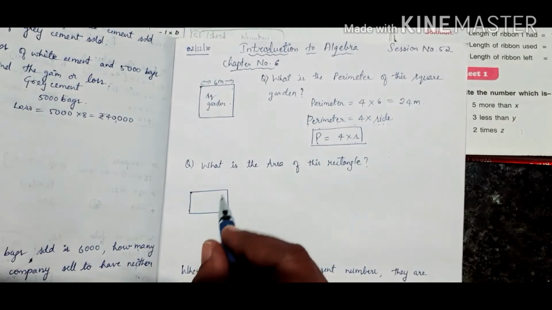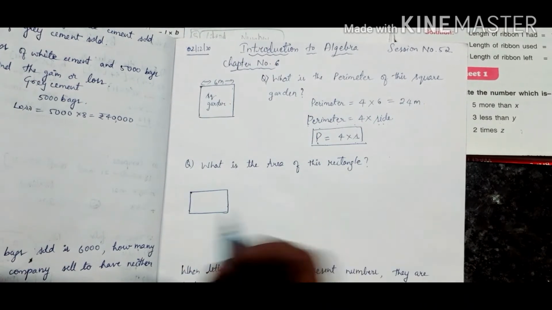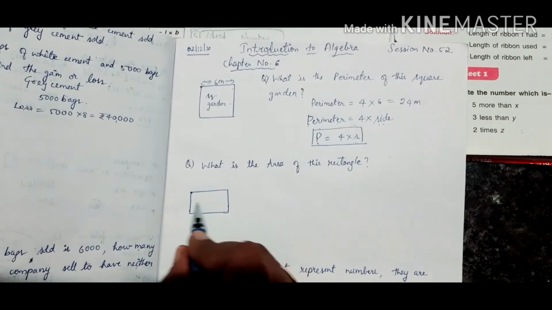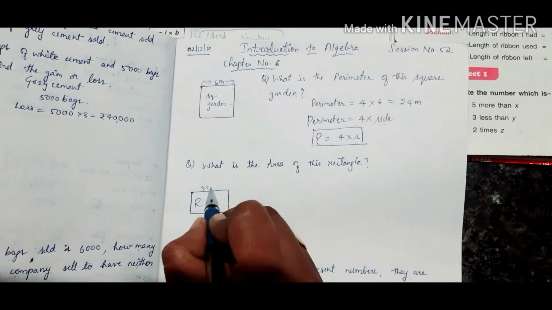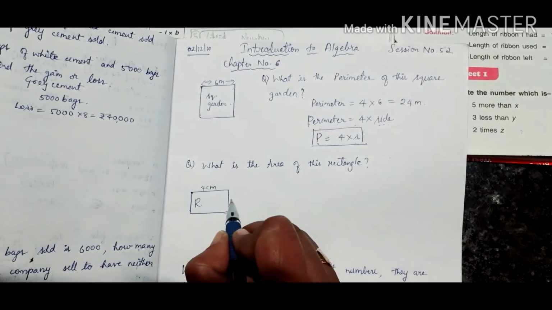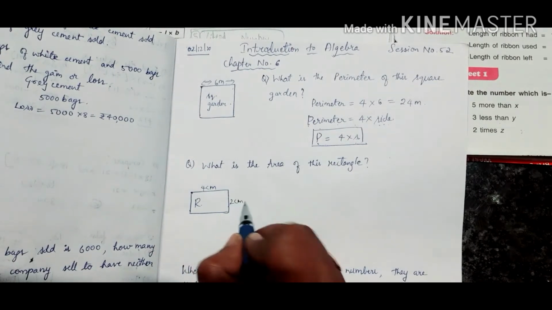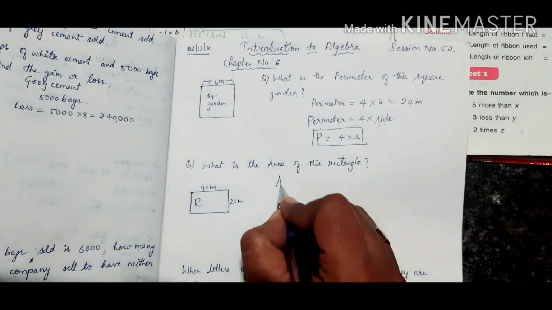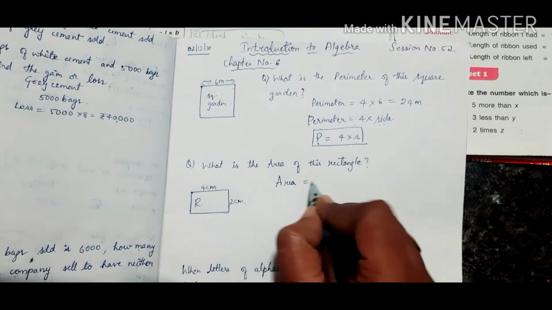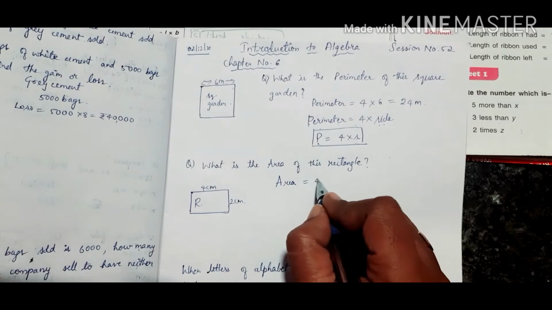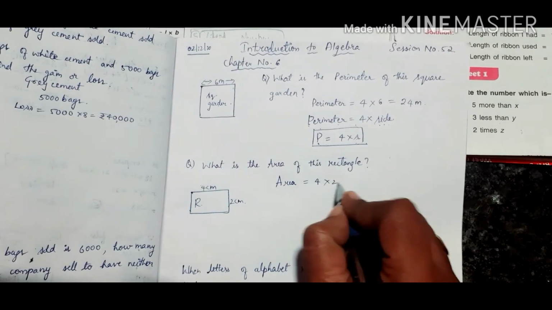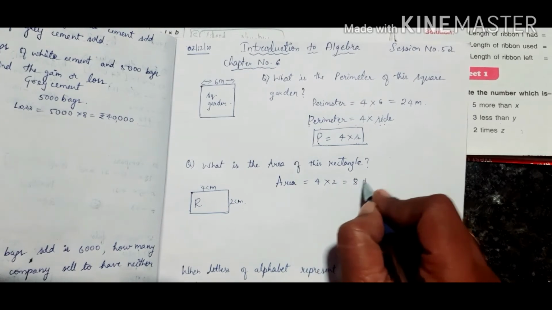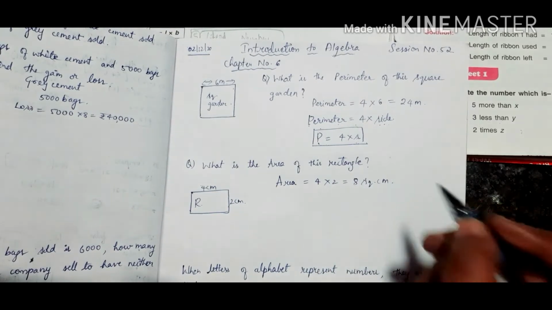One more example here. What is the area of this rectangle? Here is a rectangle, and the length of the rectangle is 4 centimeters and the breadth of the rectangle is 2 centimeters. To find the area of this rectangle, we multiply length into breadth, that is 4 into 2, which is equal to 8 square centimeters.